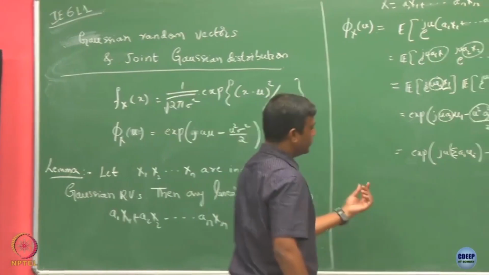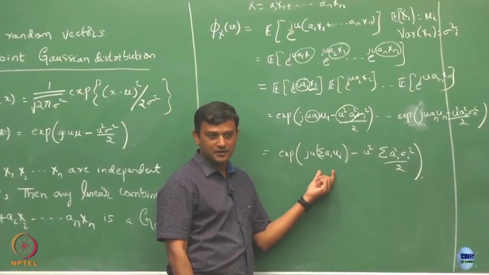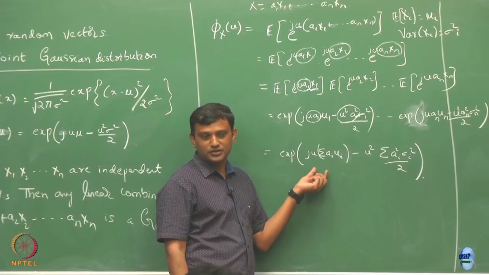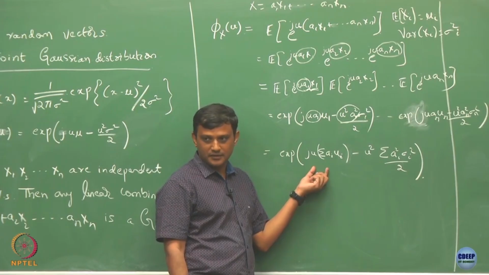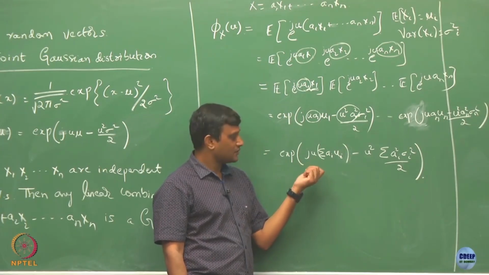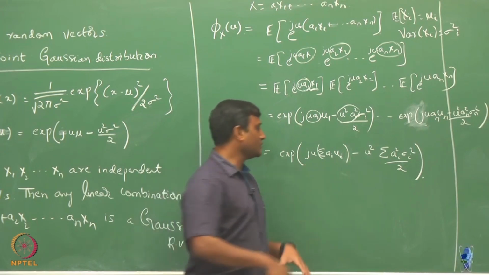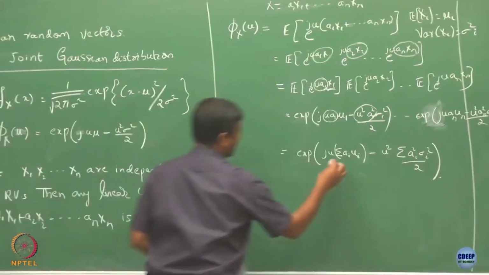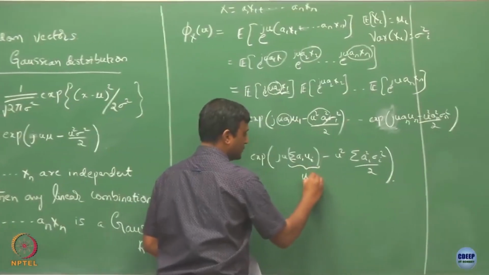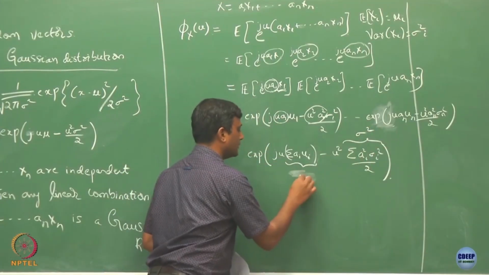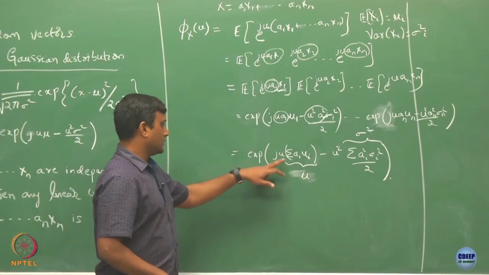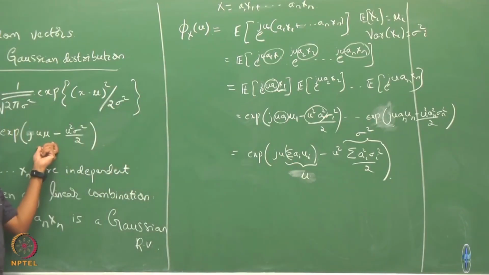If you just look at this characteristic function, which distribution does it correspond to? Suppose I map it to this form, where this is some mu and this is some sigma square. This is a constant, and it is exactly in this format.